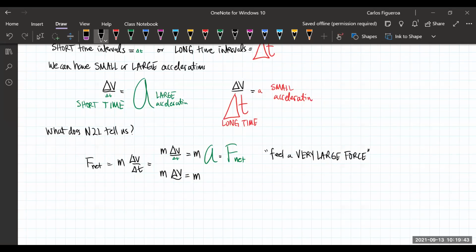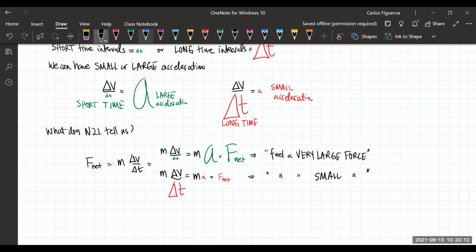On the other hand, if I have a long time interval, then my acceleration is small. And if my acceleration is small, then my net force is going to be small. So I feel a very small force acting on me.